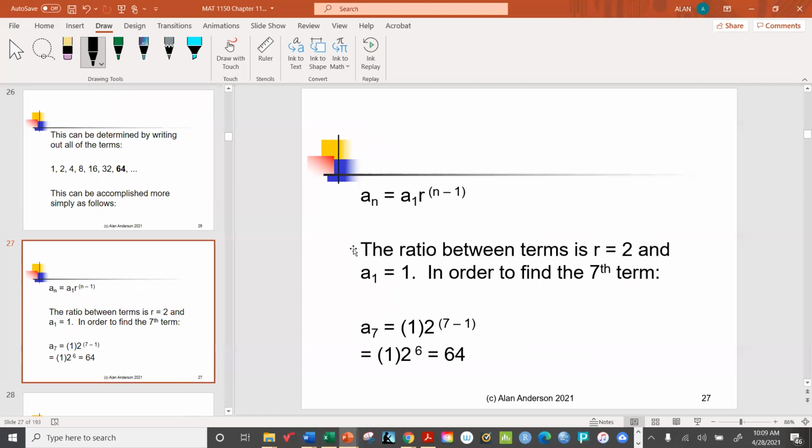So here it is. Again, we're looking for a7, a that started at a1. The common ratio is 2. We put that right here. And because we're looking for the 7th term, the exponent is actually 6, n minus 1. So we've actually got 1 times 2 to the 6th, or just 2 to the 6th, which works out to be 64. And we've proven that we did this correctly.